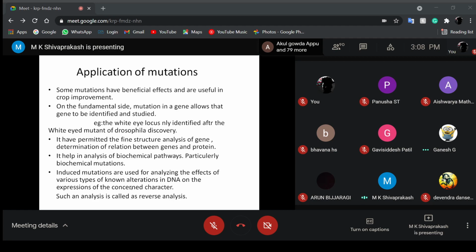On the fundamental side, mutation in a gene allows the gene to be identified and studied.